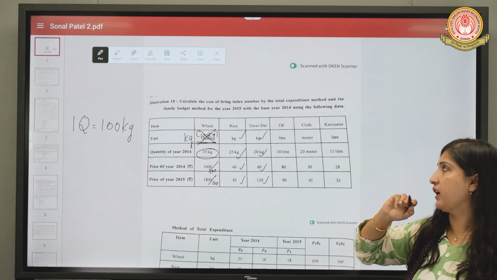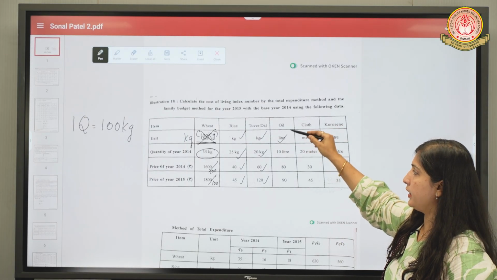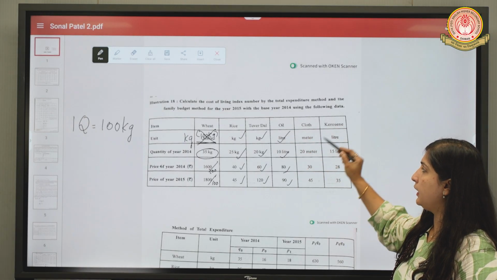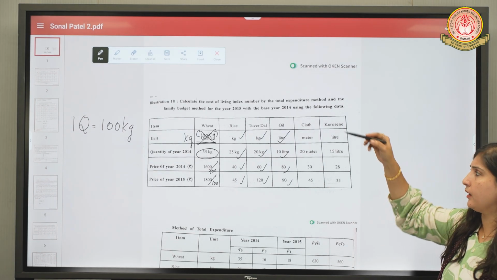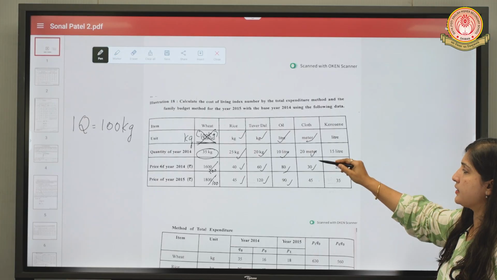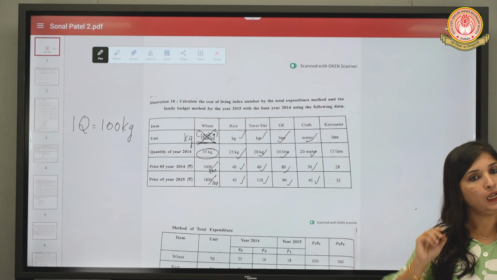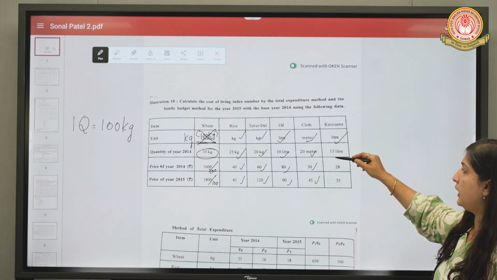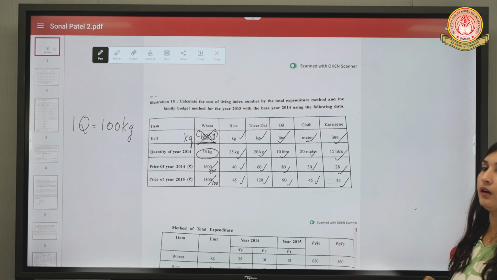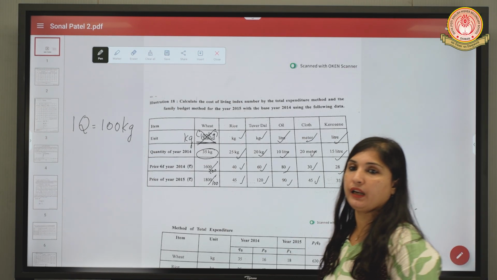There is no need to do any conversion. Oil is measured in liter and everything is in liter only. Cloth is measured in meter and everything is in meter itself. So there is no need for any conversion. Moving towards kerosene, it is given in liter and here everything is in liter, so there is no need of any conversion.